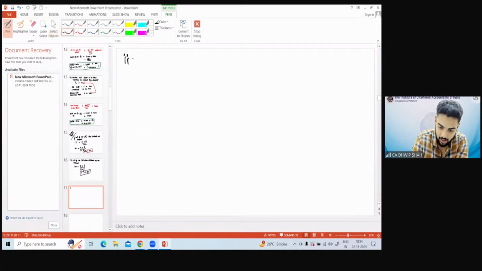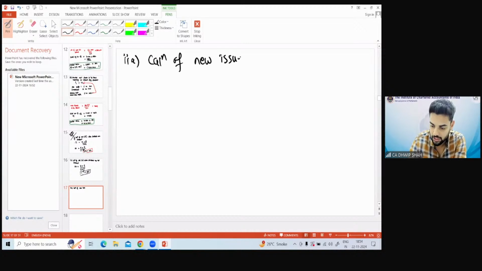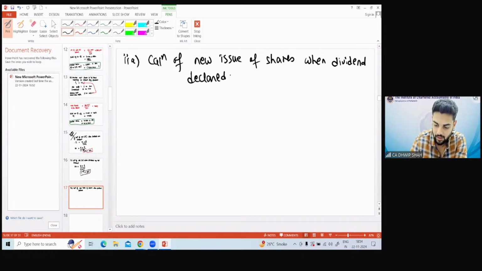So let's take part A of the second question. Part A of Roman number 2. Calculation of new issue of shares when dividend is declared. Let's take the scenario of dividend is declared. Can I say first we will write the net profit available with the company, which is 3 CR? Yes or no?